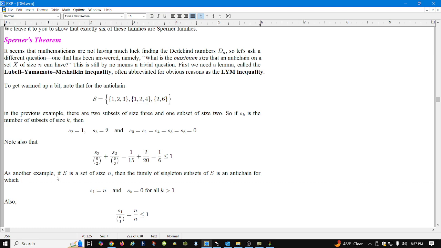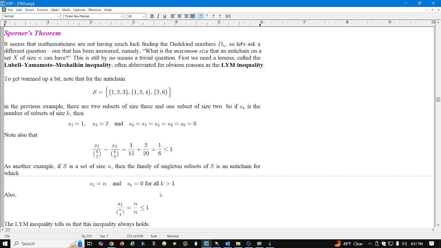Remember, we've already discussed if S is a set of size n, then the family of singleton subsets of S is an antichain, and there are n members of that family. So S1, the number of members of the antichain of size 1, is n. And all the other Sk are 0.